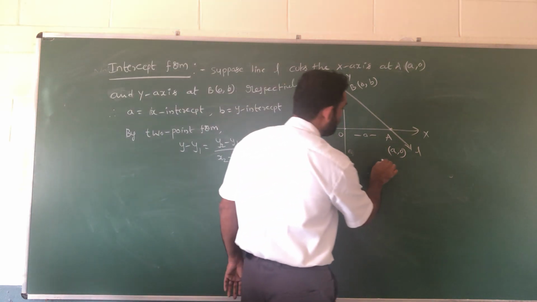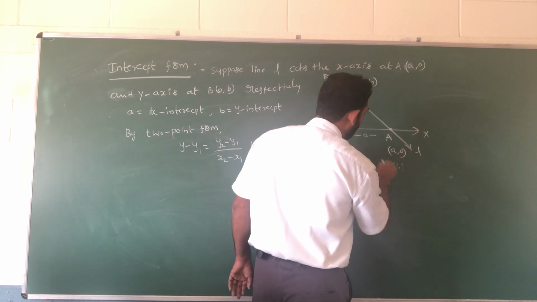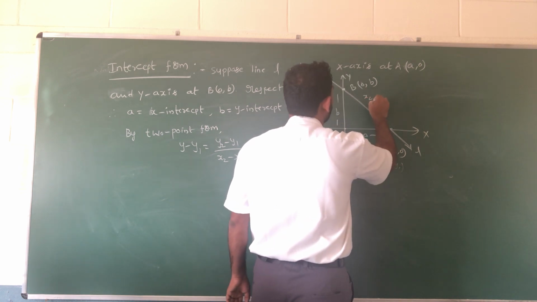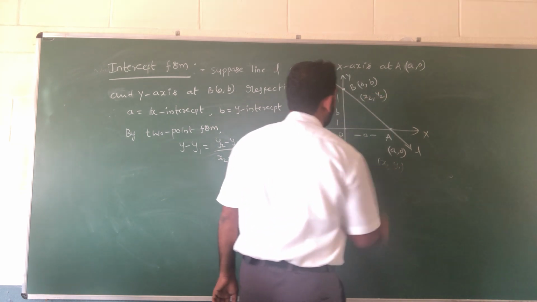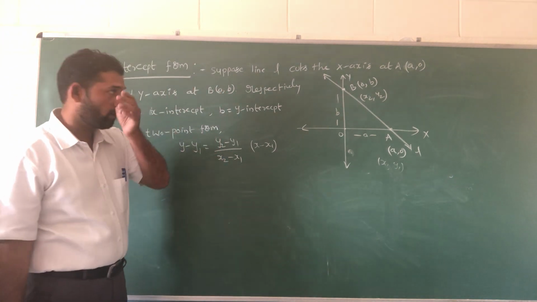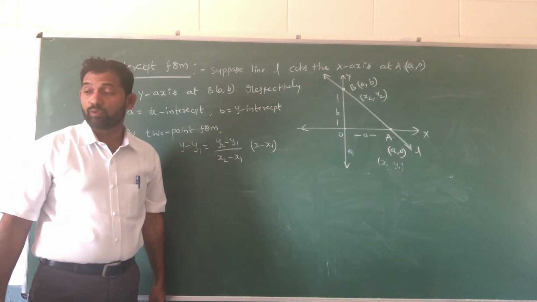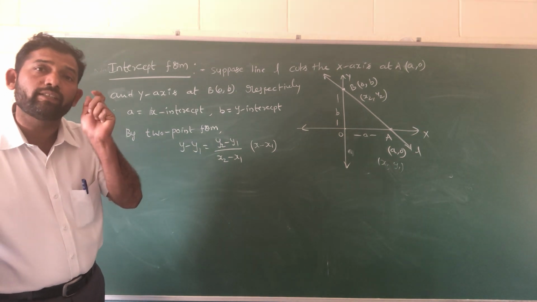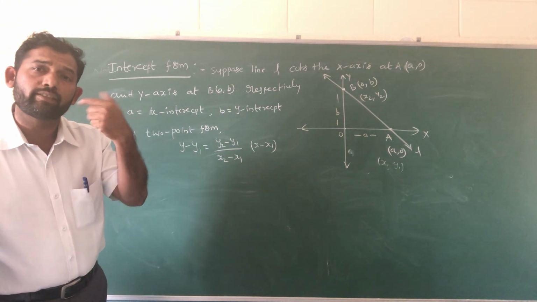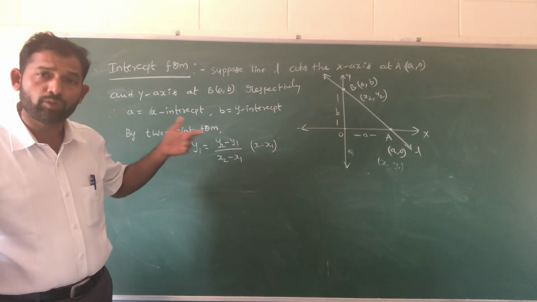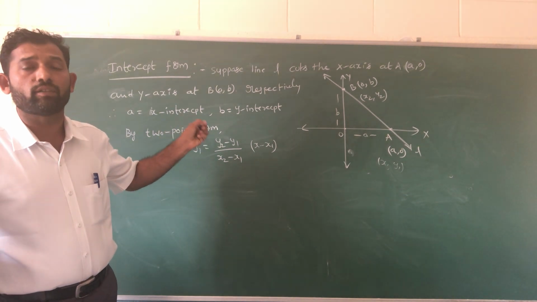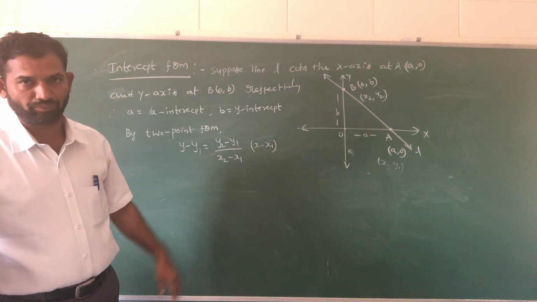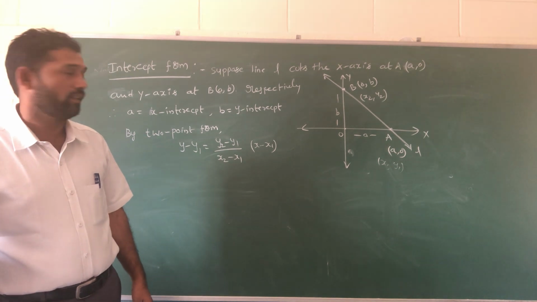This is x1 comma y1, this is x2 comma y2. You apply that formula. X intercept is A, y intercept is B, given. You are going to simplify the equation of the line.